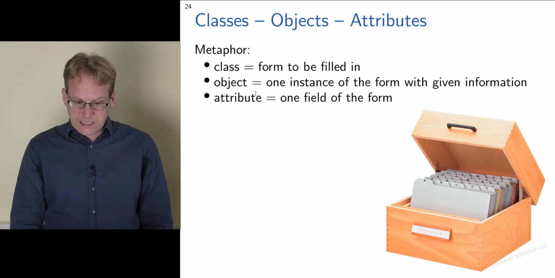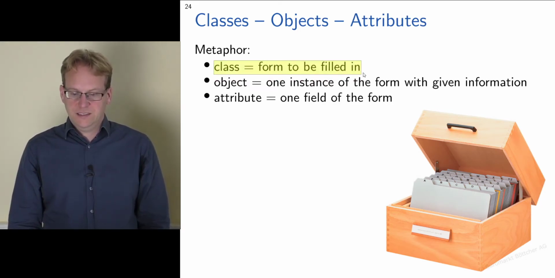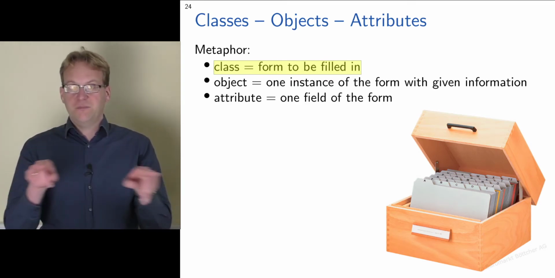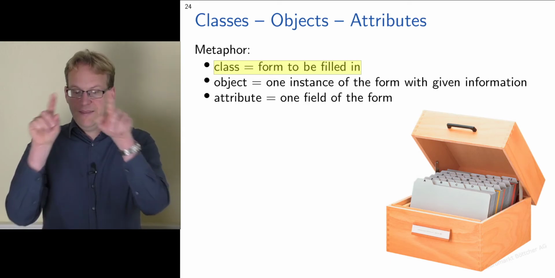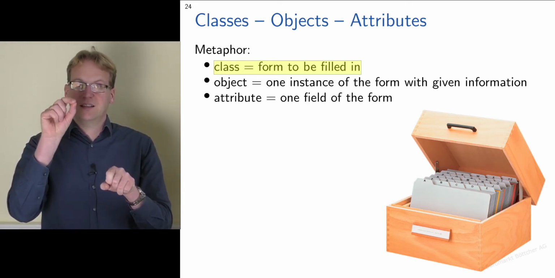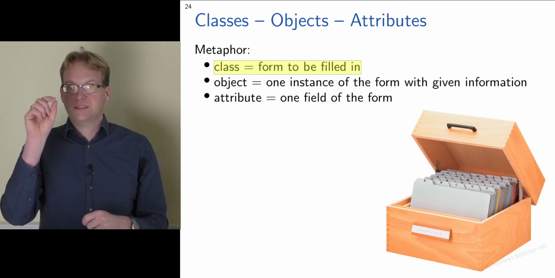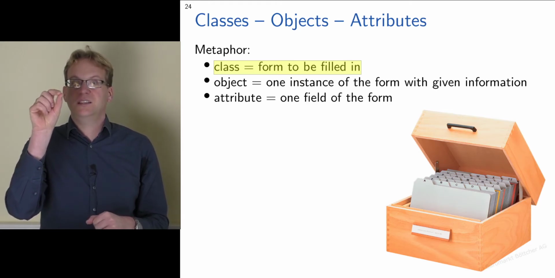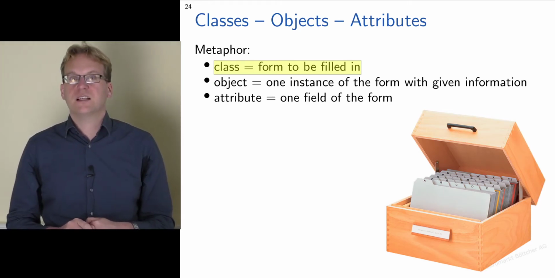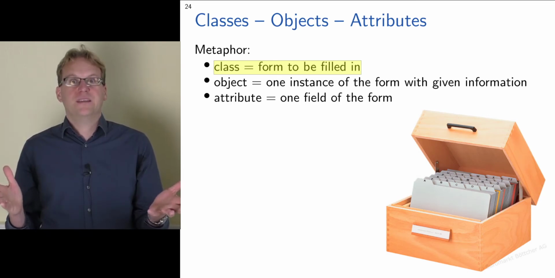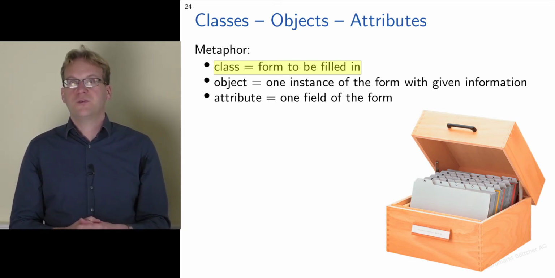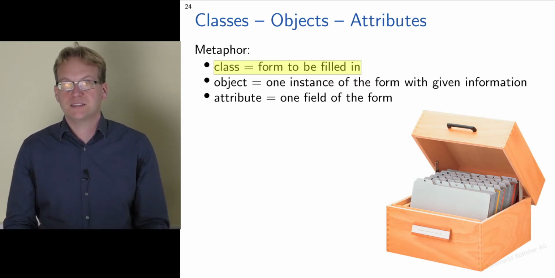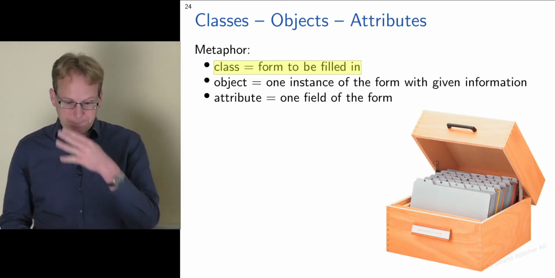That is the information that we collect. And basically the class is the form to be filled in. You have this sheet of paper, the form, where you need to give your information. And this form, without the information having been inserted yet, that is the class. So this form is the same for all of you. For every student, it's the same form. So for all objects of the same class, it's the same form.